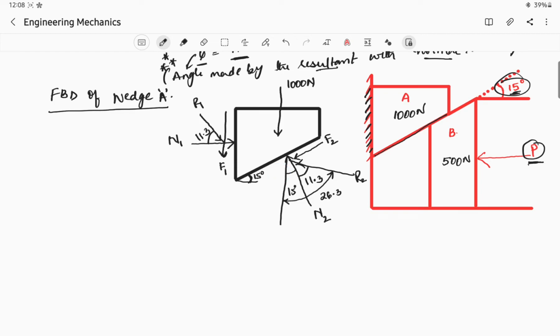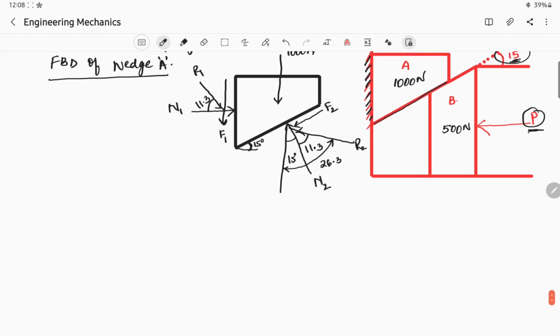So what we can say here, if you take only the resultants, now we will draw another diagram. If you take this figure alone, again, it's not pasting.